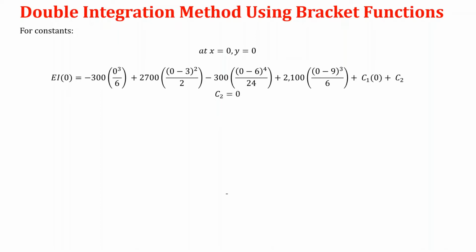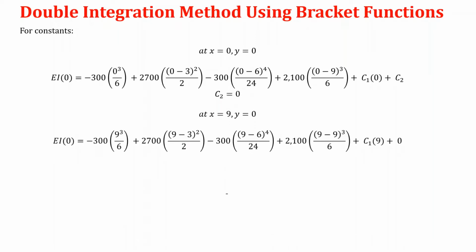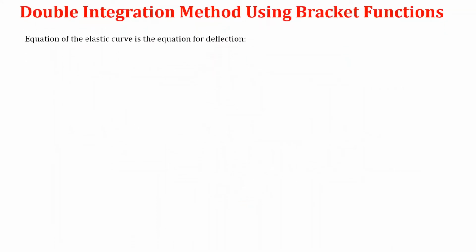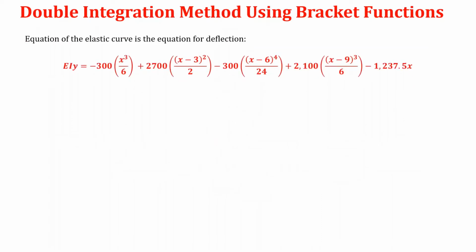So, C2 is 0 and C1 is negative 1,237.5. Okay? So, our final equation for deflection EIY is this, with C1 and C2.